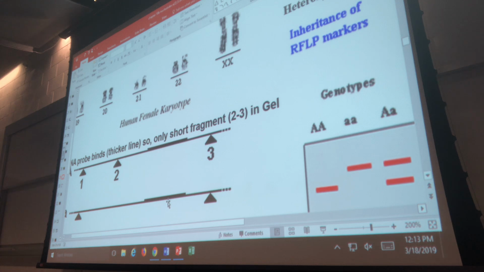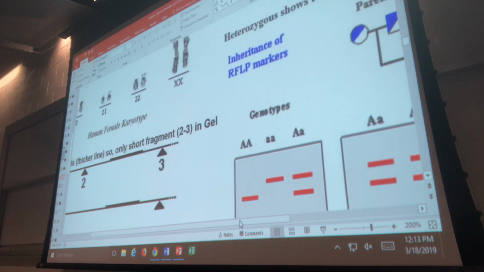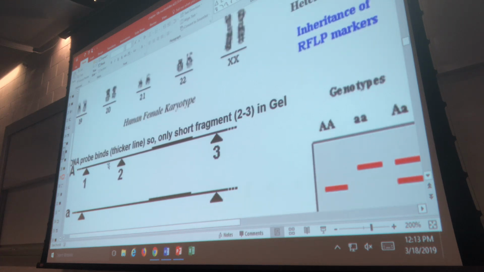So it turns out when you do this experiment in DNA, you have to label your fragments with some fluorescent probe. Apparently, in this example here, the fluorescent probe is only able to bind in this region of DNA. Therefore, there are no probes that can bind between 1 and 2. Because of that, we can't visualize the fragment that's going to be between 1 and 2.